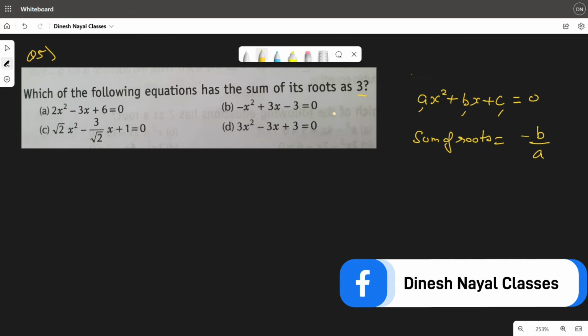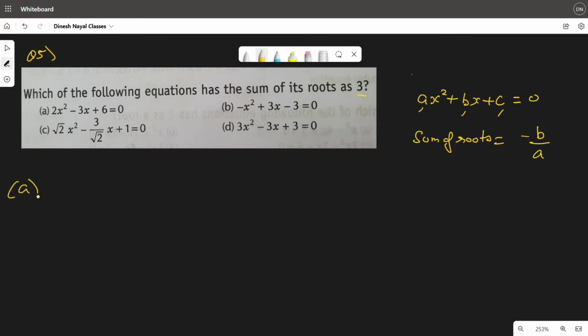So starting with the A part. A is 2x square minus 3x plus 6 equals 0. So this is a quadratic in which a is 2 and b is minus 3. Now we know that the sum of roots is minus b by a.